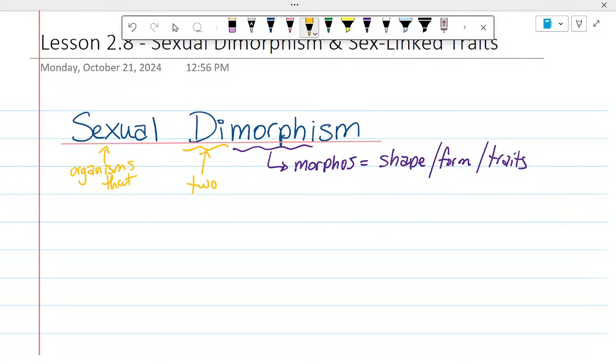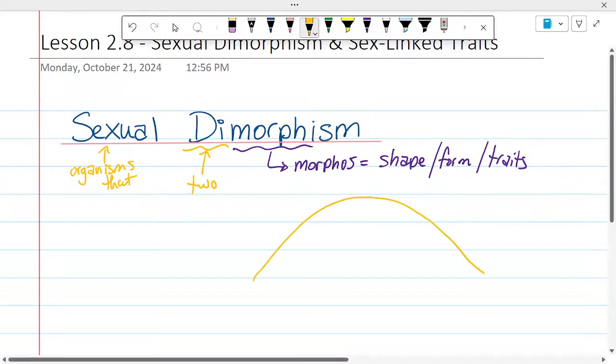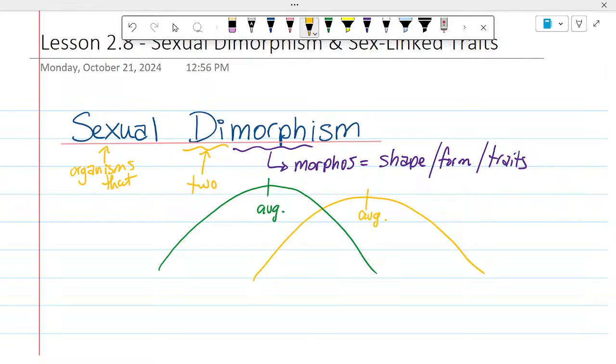Important to understand that all of these things exist along a normal curve, and when we talk about dimorphism, it tends to be that the average value of one gender is different from the average value of another gender. Does that mean that no person who's biologically male has a higher voice than somebody who's biologically female? Of course not, right? There's variation. Does it mean that there's no male who's shorter than a biologically female individual?